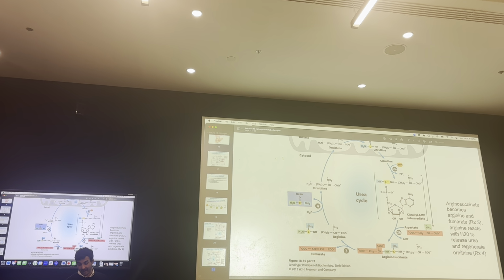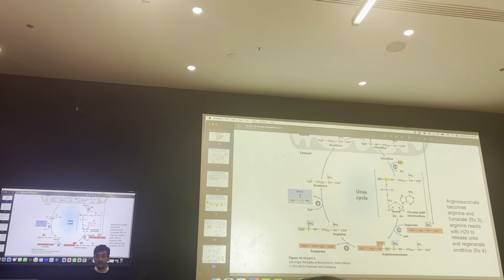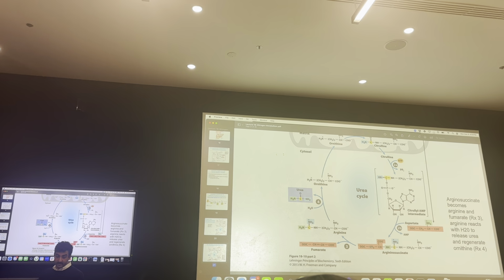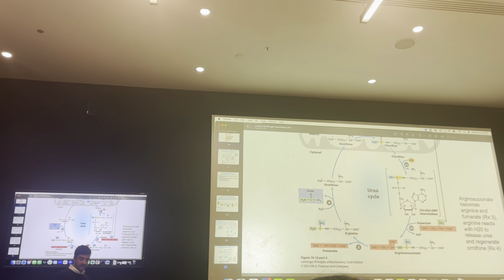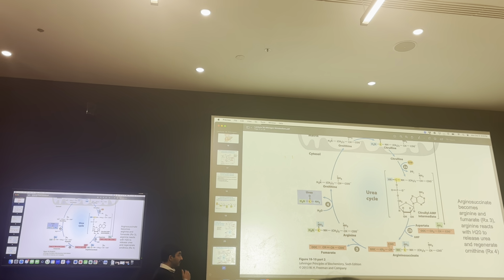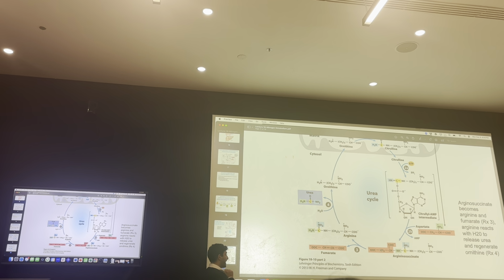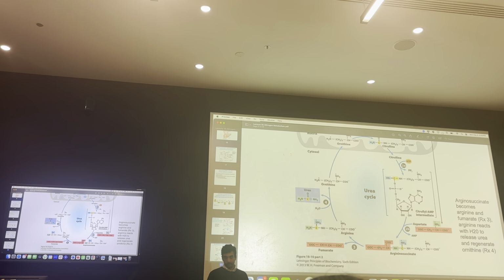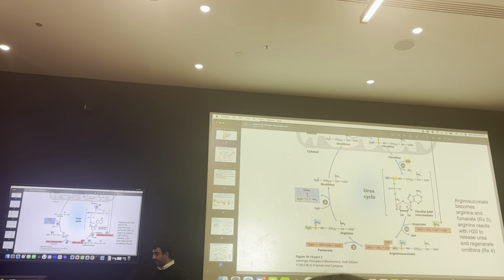And so we expend that energy in the generation of arginosuccinate. This uses a molecule of aspartate which was generated previously in the citric acid cycle, or rather in the urea cycle.